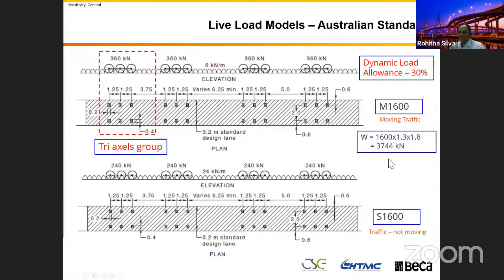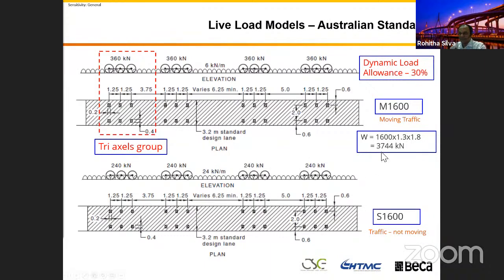So this is the most common road live load model we use in bridge design. This is one of them, M1600. I just want you to understand, you can compare. That 62.5 ton truck, actually that is what is going to happen.